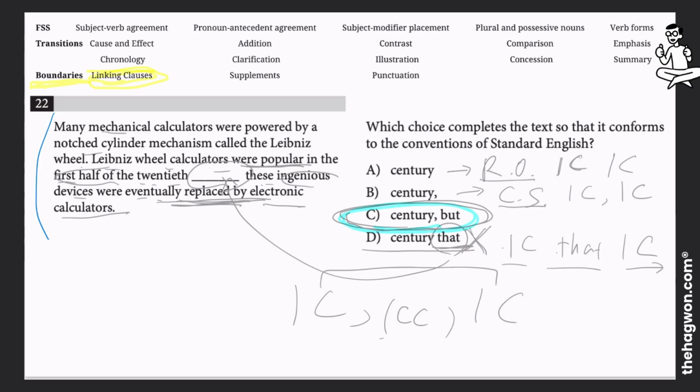In case you place a subordinating conjunction here, then this clause becomes a dependent clause. So the best way to join two independent clauses always is using a coordinating conjunction, what's called FANBOYS. FANBOYS.